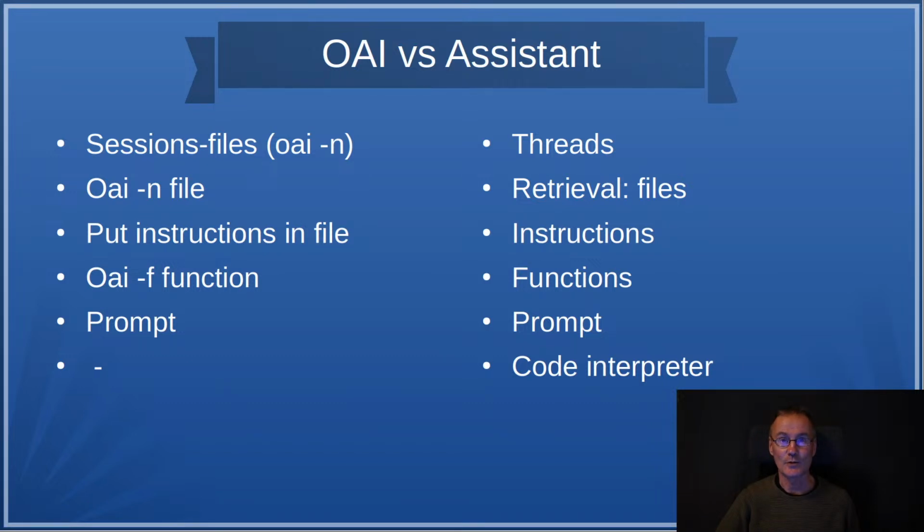Maybe I need to look more into what the code interpreter can do to say anything about it. But code interpreter is the only thing that we don't have in OAI at the moment.